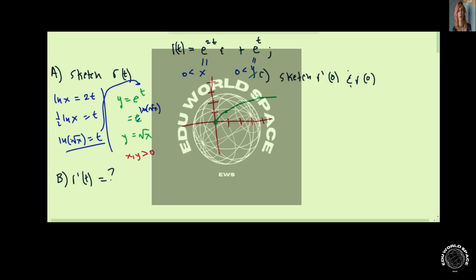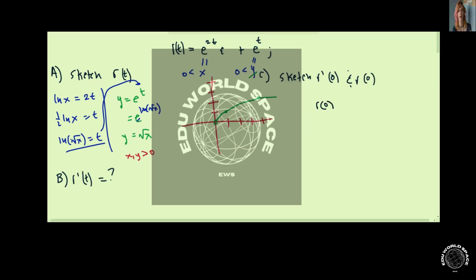And one thing we could also do is draw the direction of this. So let's just go ahead and plug in 0 and then plug in 1 and see which way it's going to be going. So I'll do this off on the side here. And actually, we already need to figure out what r of 0 is anyway, so we'll kill two birds with one stone by doing this.